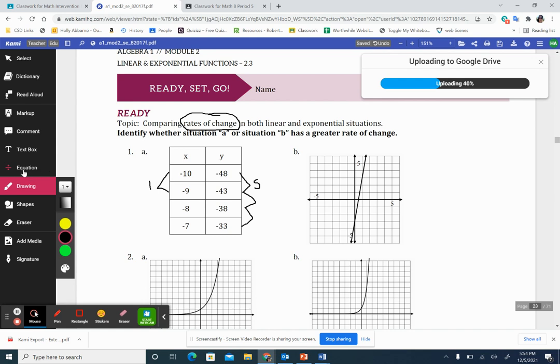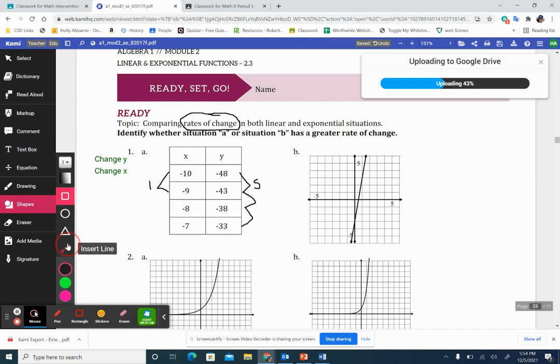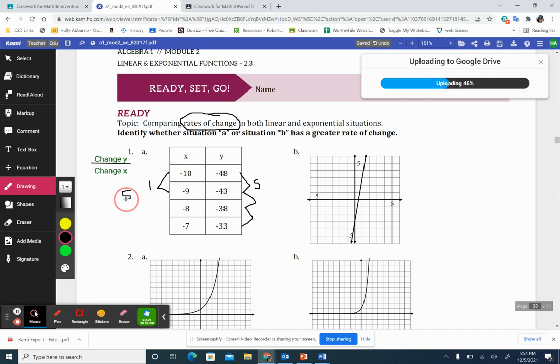Remember, from a table, the change of the y goes in the numerator and the change in the x goes in the denominator. That's important because 1/5 is definitely not as big as 5 for every one. So this one is changing 5 for every one.